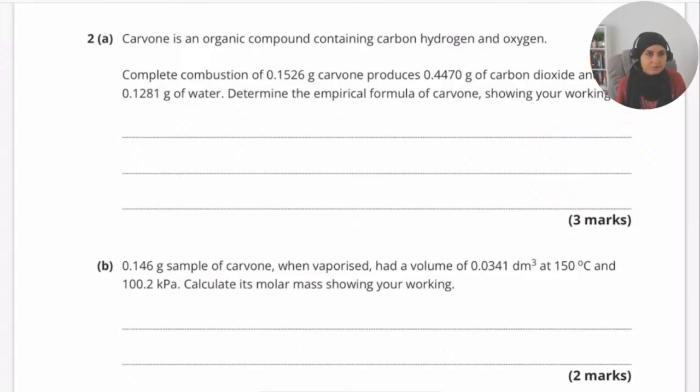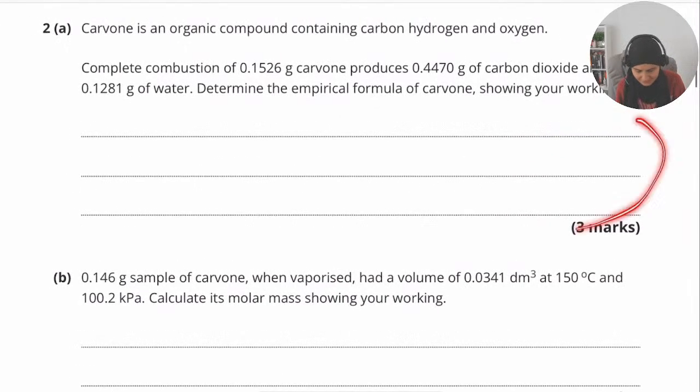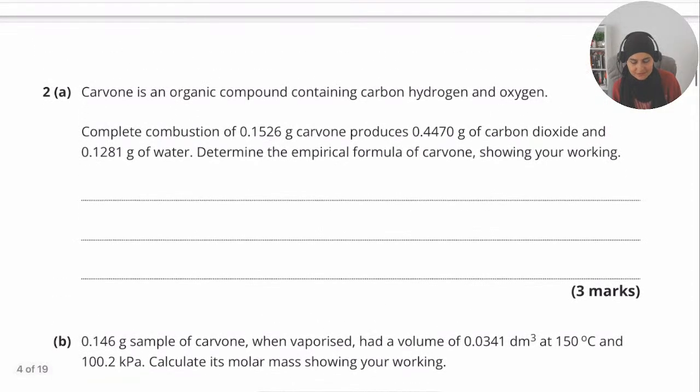Okay, so with this question, this space is definitely not enough, and usually it should be 4 marks. This question is also in A levels sometimes, and most of the time people don't know how to solve it. So even if you're A level, pay attention to this question, okay?